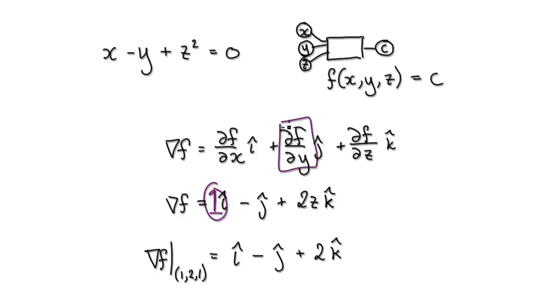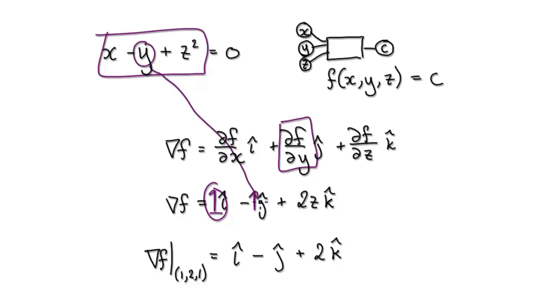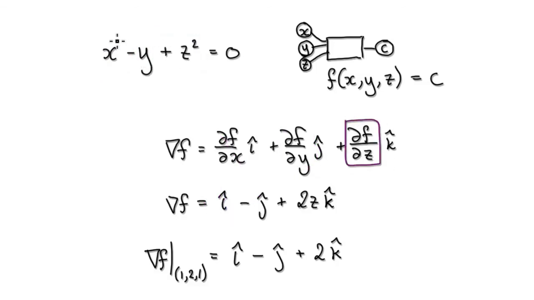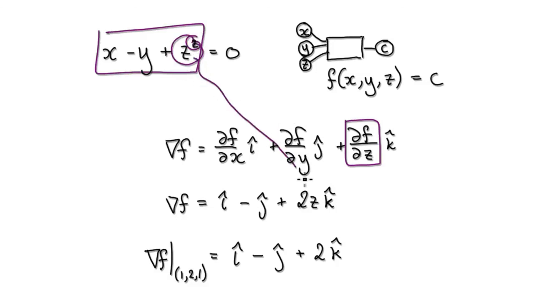Then differentiate the whole thing with respect to y, so here it would be -1. And then with respect to z, differentiate this whole thing here, so this would be 2z k hat.